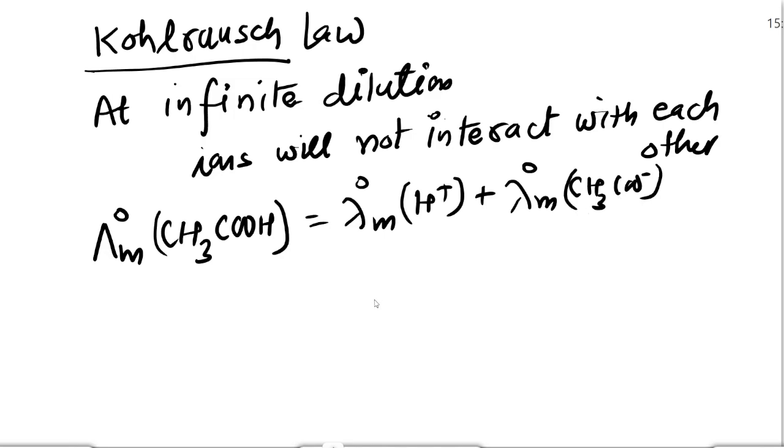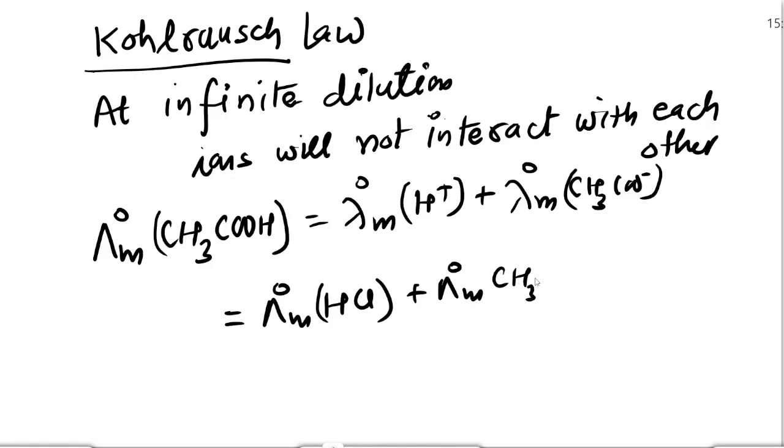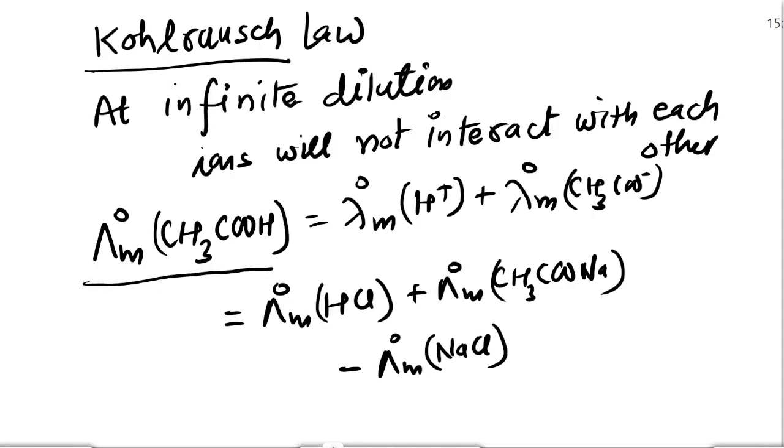So lambda m naught of H plus we can calculate from HCl, lambda m naught of acetate ion we can calculate from sodium acetate, and if we remove lambda m naught of NaCl, we can get the value of lambda m naught of acetic acid.